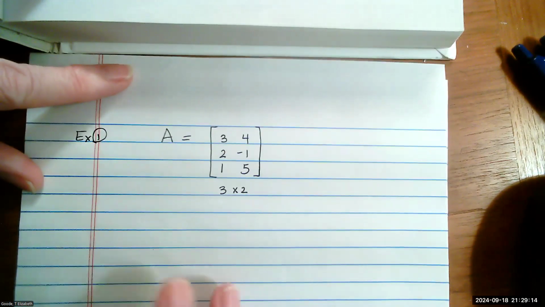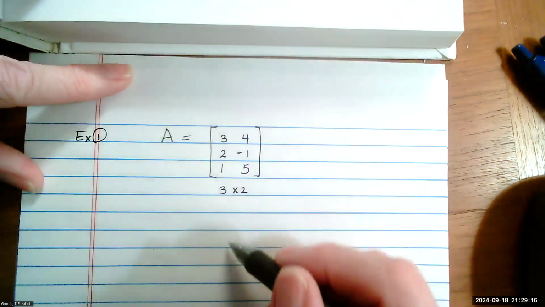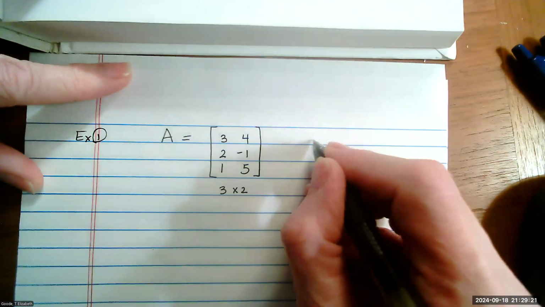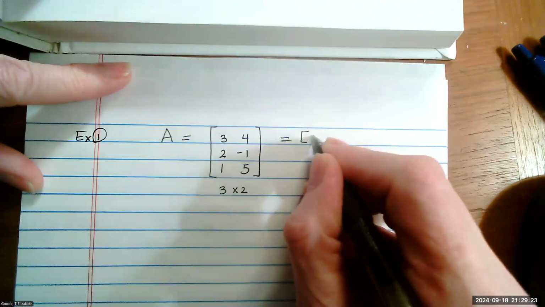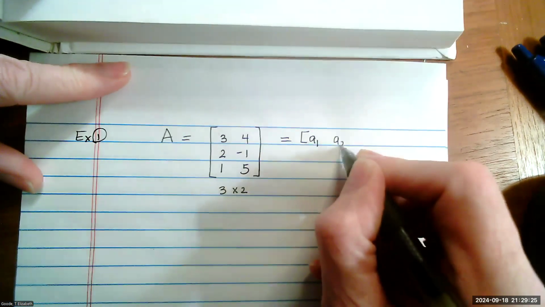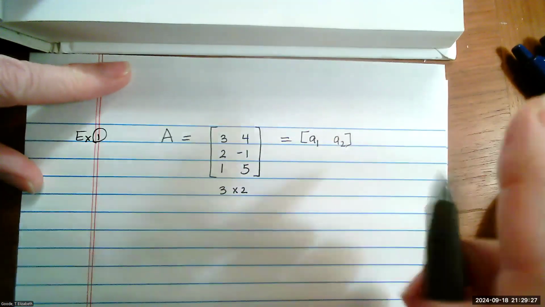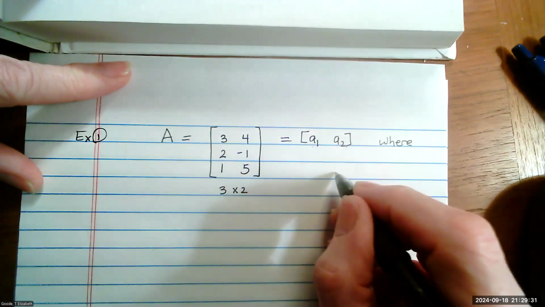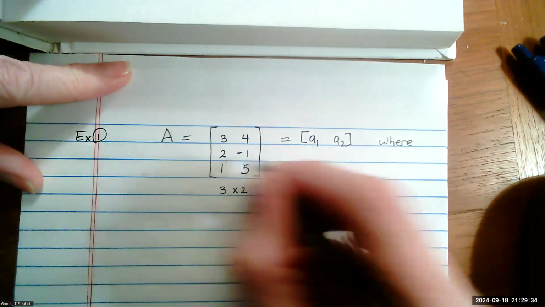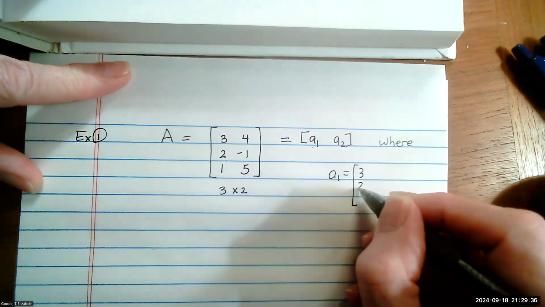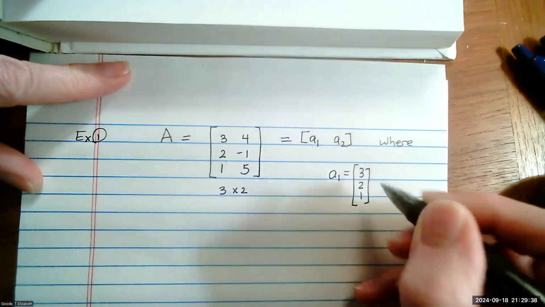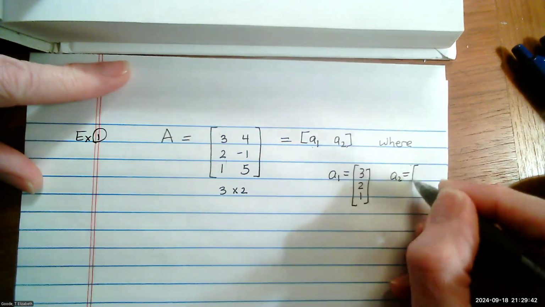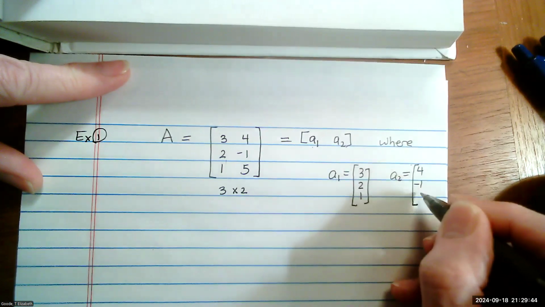It has 2 columns. So we could write that A is equal to A1, A2. You see this notation all the time, where when we write A1, A2, we mean that A1 is this first column, 3, 2, 1, and A2 is the second column of the matrix big A. Okay, that's what that notation means.